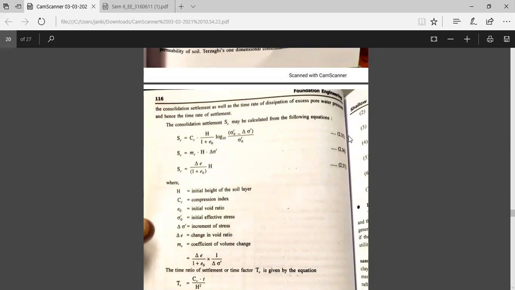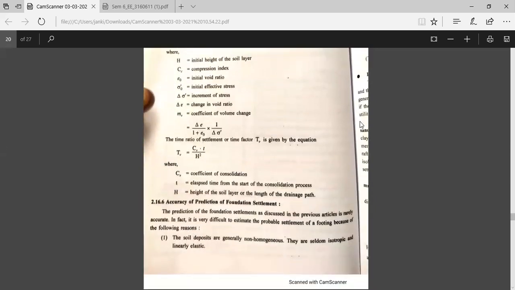Compare these two equations: SC is equal to delta E divided by 1 plus E0 multiplied by H. Here H is the initial height of the soil layer, CC is the compression index, E0 is the initial void ratio, sigma dash 0 is the initial effective stress, delta sigma dash is the increment of stress, delta E is the change in void ratio, and MV is the coefficient of volume change. So MV is equal to delta E divided by 1 plus E0 multiplied by 1 divided by delta sigma dash.